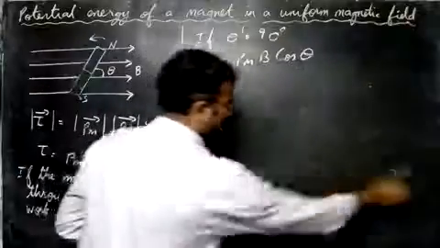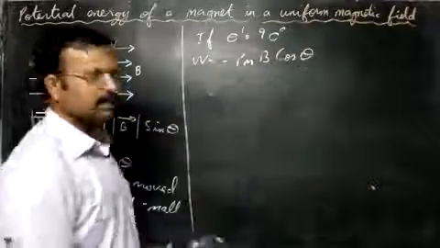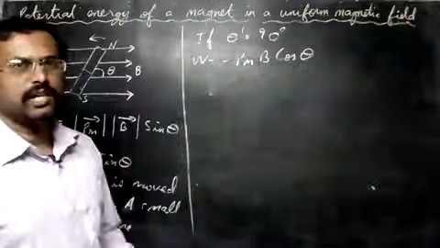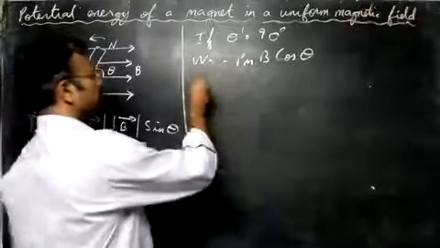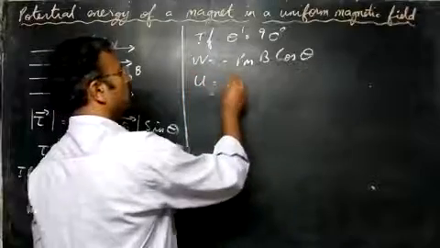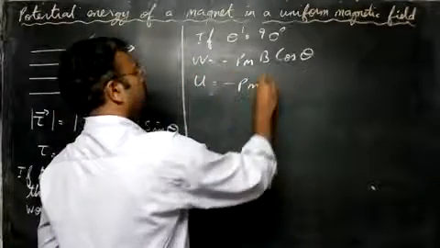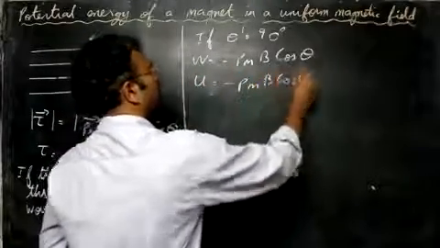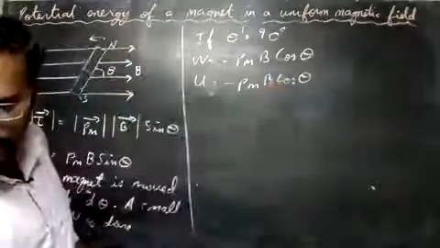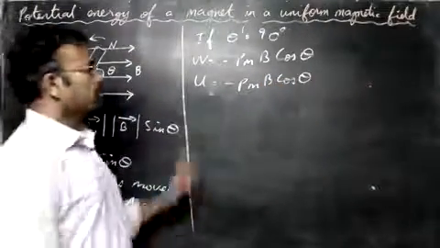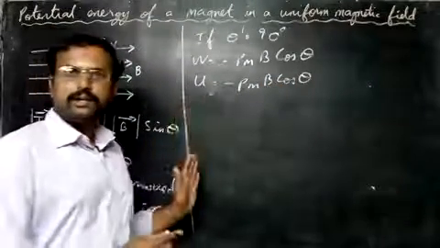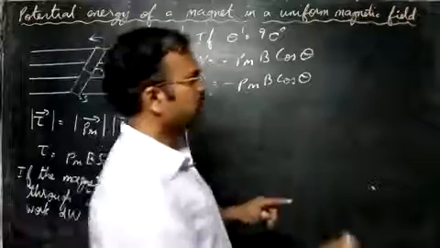This work is stored as potential energy, so we can write U is equal to minus Pm B cos theta. Now we know that A vector dot B vector is equal to AB cos theta.